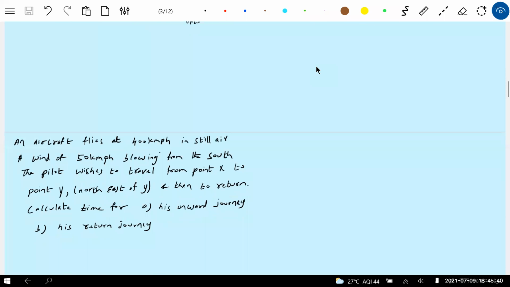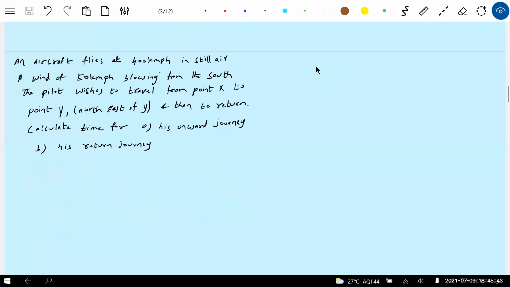Let's get into this one. Read the question and try to go for some diagram.